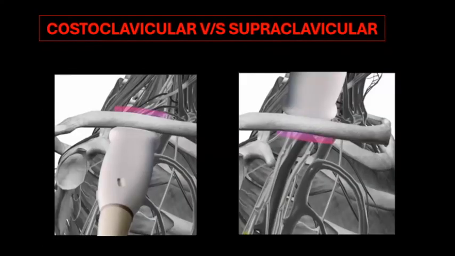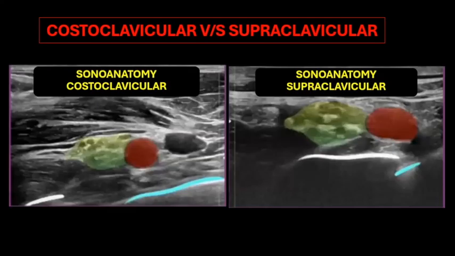Costoclavicular versus supraclavicular. In the costoclavicular approach, we are approaching from caudal to cephalic, peeping at the brachial plexus from beneath the clavicle, while in supraclavicular, we are peeping into the plexus from cephalic to caudal direction. So what is the difference in the sonoanatomy in these two places?